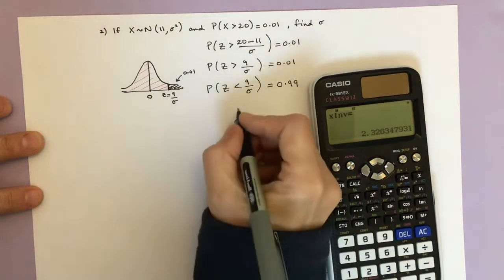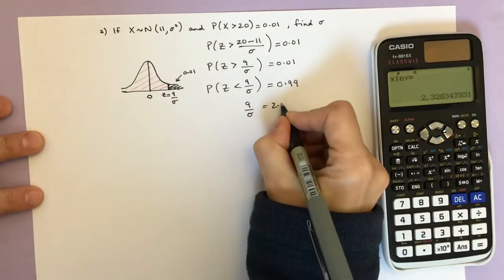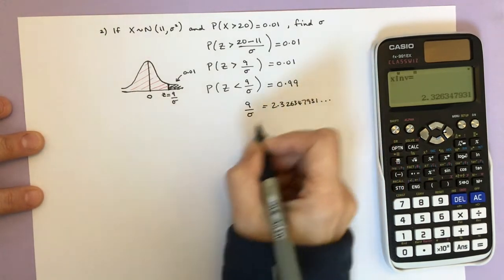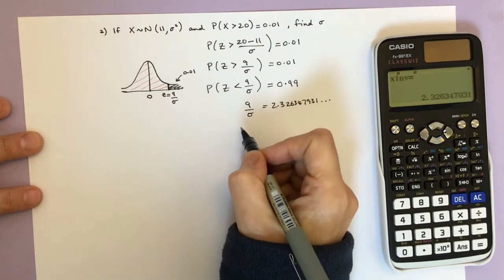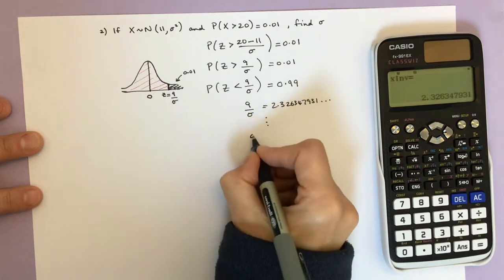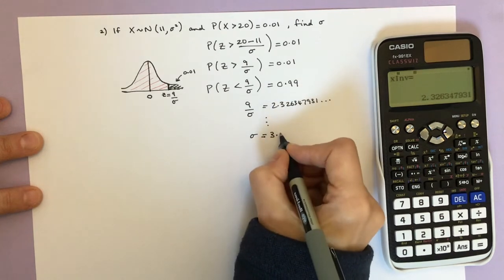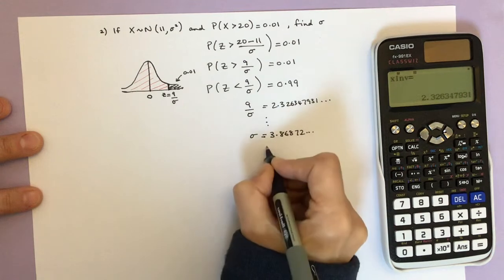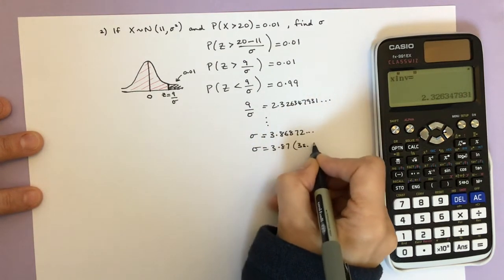So that tells me that 9 over sigma, that value, is 2.3263, etc. A little bit of rearranging here. Sigma up, 2.326, etc. down. And you should end up with, pause it, have a go, 3.86872. So 3.87 to 3SF.